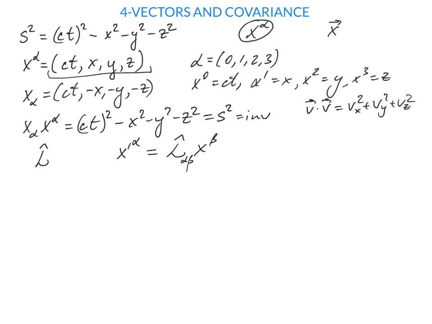So for Lorentz boosts in the x direction, we worked out an example before. It was 1, 1, 0, 0, zeros over here, and then here we had something like this.